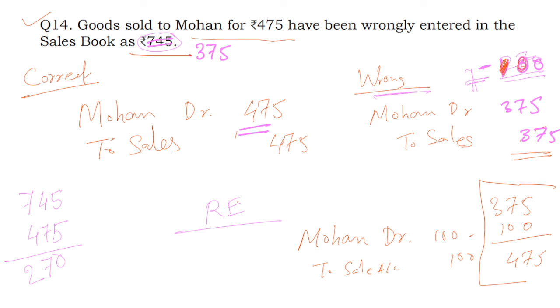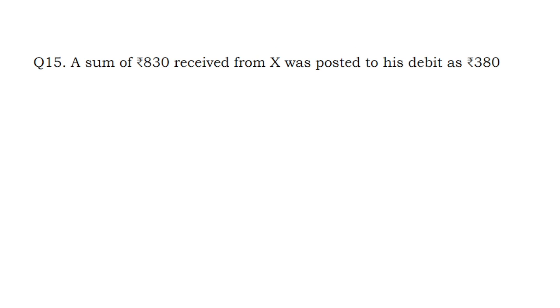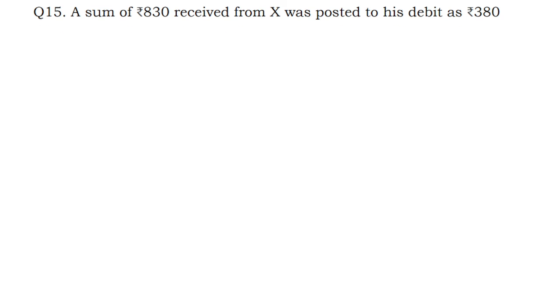Okay, so see, a sum of 830 received from X posted to his debit account. So you can make it correct. I'm not solving this one. You just note it down and correct it, because it is easy one.